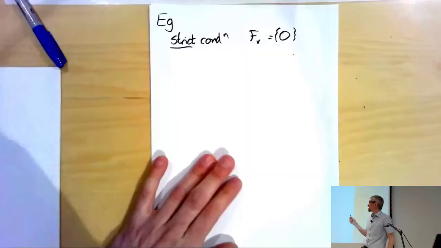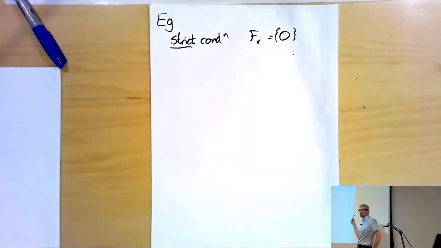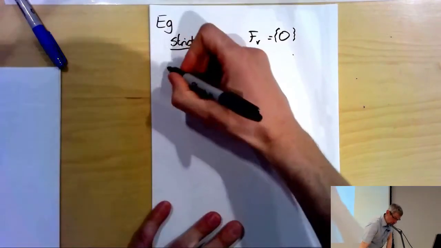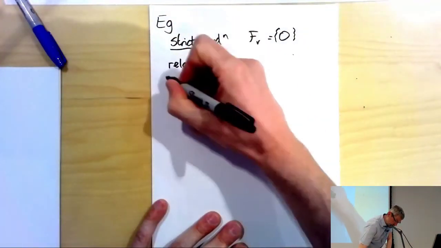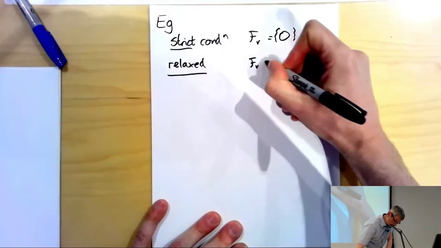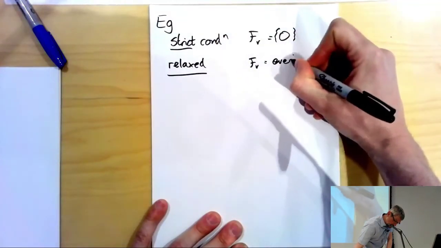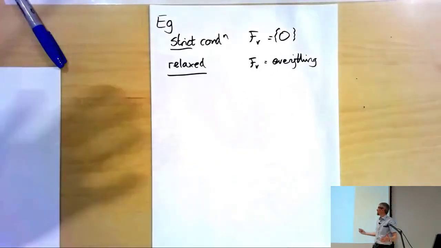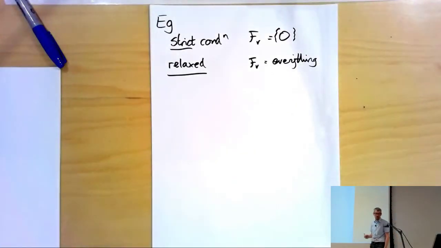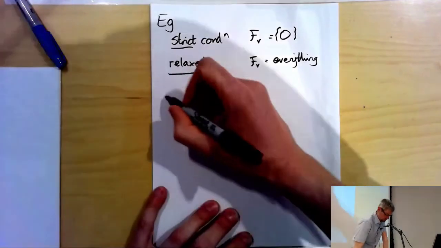I call this the strict condition, because we're going to require that some class lands inside a subspace, and the smaller the subspace is, the stricter this condition is. So this is the strictest condition you could impose. And at the opposite end, you have the relaxed condition. So you take F_v to be the whole of the local cohomology, so all of H^1(K_v, V).